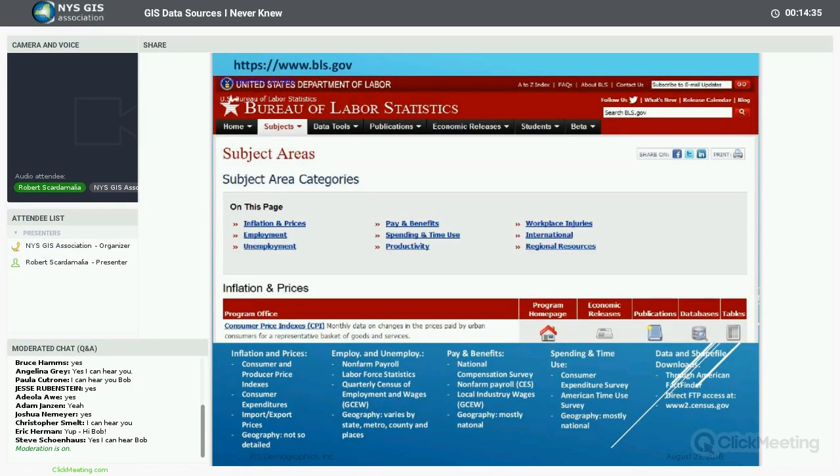Bureau of Labor Statistics is another one of our primary federal statistical agencies. Census and BLS make up the primary basis for economic and demographic data. And with BLS, labor statistics, you think of employment and unemployment and labor force data.